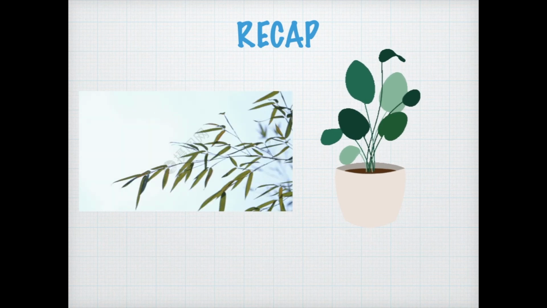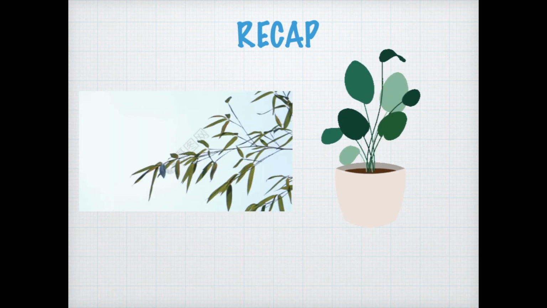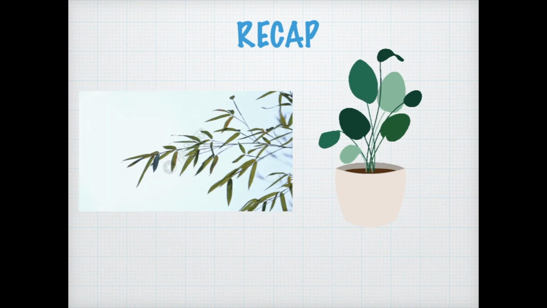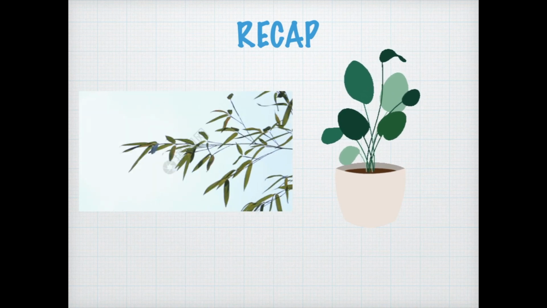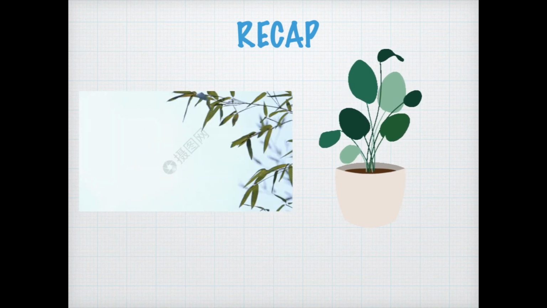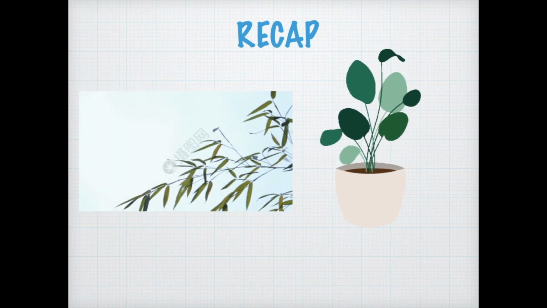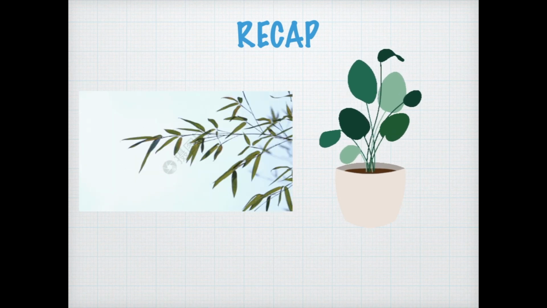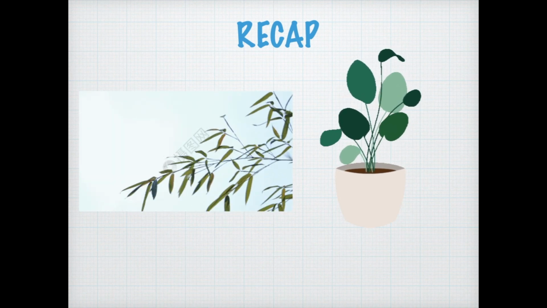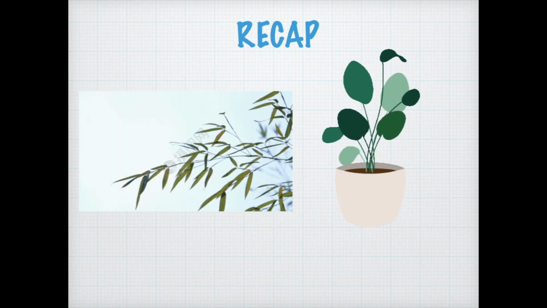Let us quickly recap what collenchyma tissue is all about. First, the flexibility in plants is due to another permanent tissue, which is collenchyma. Secondly, it allows bending of various parts of a plant, like the tendrils, stems, leaves, and also stems of climbers, without breaking.